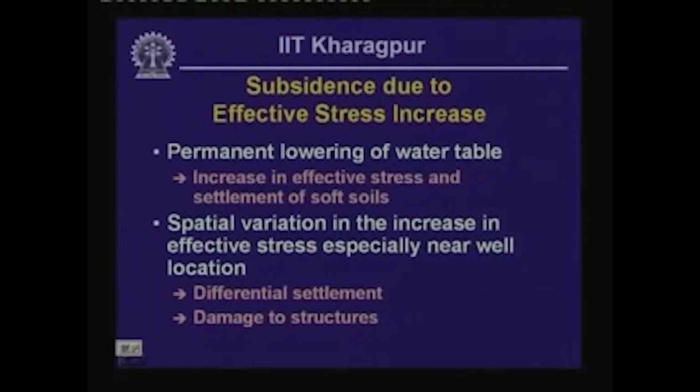Now the second problem that is of engineering relevance because of groundwater overutilization is subsidence. Why is subsidence going to be triggered? Subsidence is triggered because of lowering of the water table and the effective stress increase that occurs because of it.